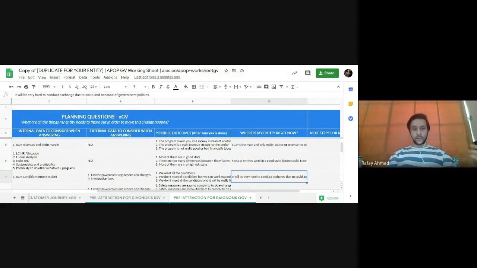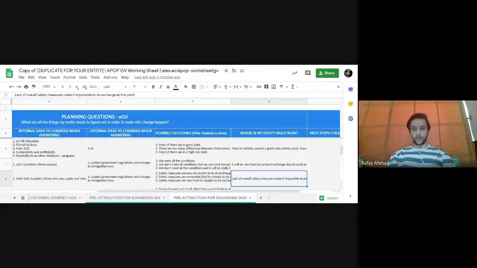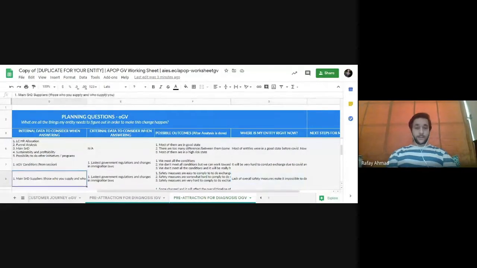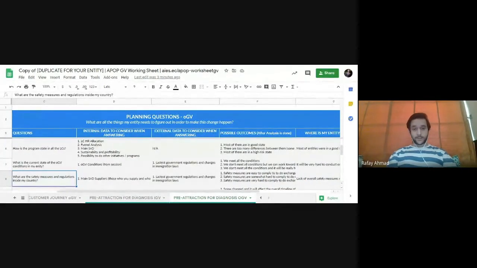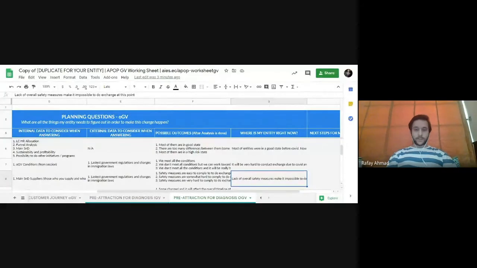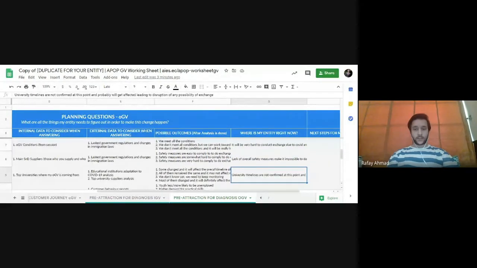Since Pakistan is in a quarantine state right now, there's a border crisis and they're not opening international flights. They're also talking about safety measures and regulations inside the country to conduct exchanges, and even that is not in a good state, because there is an overall lack of safety measures, which makes it very hard to conduct exchange at this point.